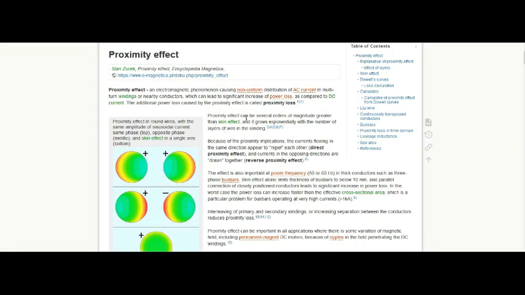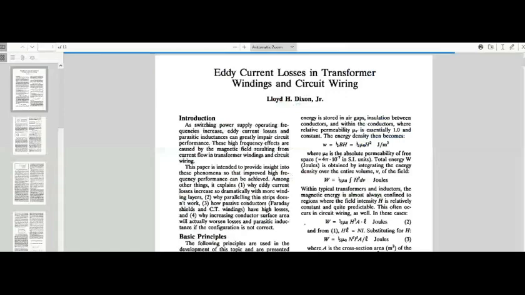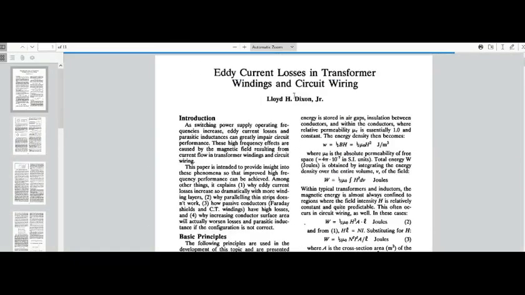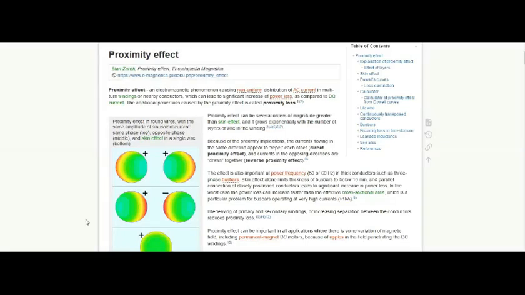So Litz wire, if you're not getting rid of skin effect, actually makes things worse, and proximity effect can be several orders of magnitude greater than skin effect. So if you don't think about it and know what you're doing with Litz wire, it doesn't make things better. It can actually make things worse, as this gentleman notes in his research.